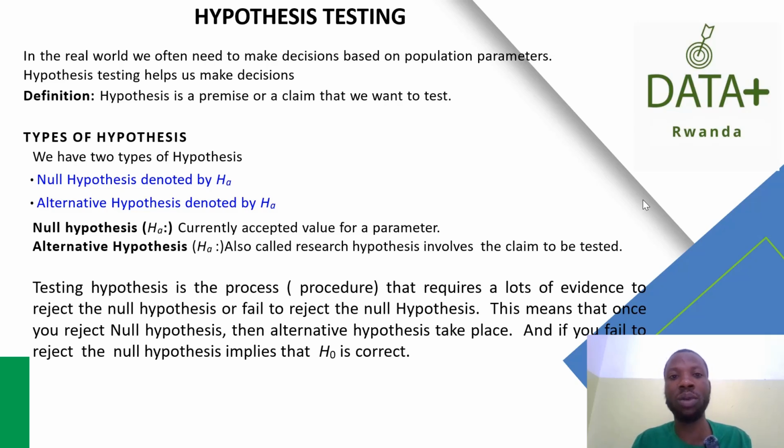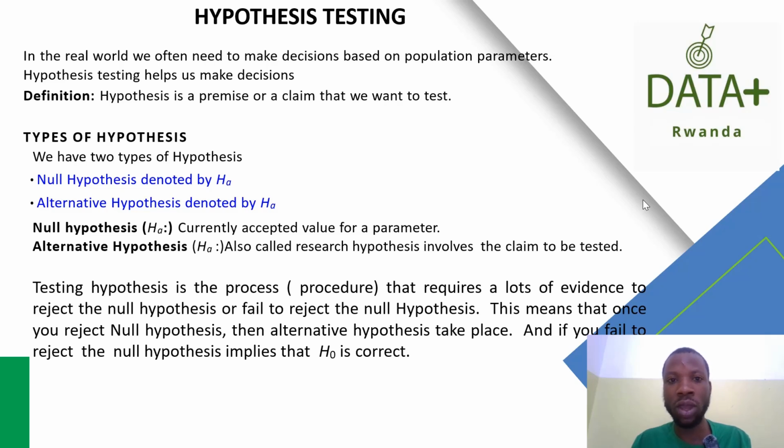Let's say, for example, if I'm interested in females in Rwanda, the population is all females located in Rwanda. The parameter is like a mean, a mode, a median, those statistical measures, but when applied to the entire interest of our study, we say it is a parameter.